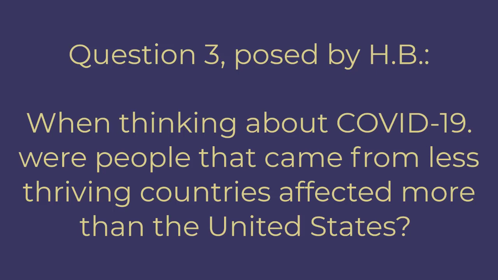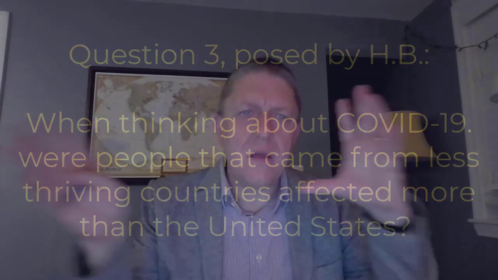Okay, so let's think about trying to make that a little bit more concrete. So student HB says, thinking about COVID-19, okay, we got that. Were people that came from less thriving countries? Okay. The idea here is that there are countries that are thriving more or thriving less.